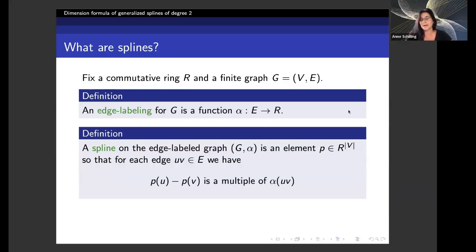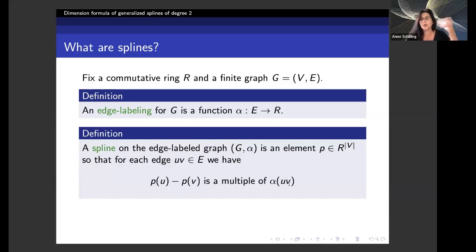And it should satisfy certain conditions, namely if you take two vertices that are adjacent, connected by an edge, and you take the difference between the labels on the two vertices, this should be a multiple of the edge label. So alpha UV would be the edge label that you associated to this edge.